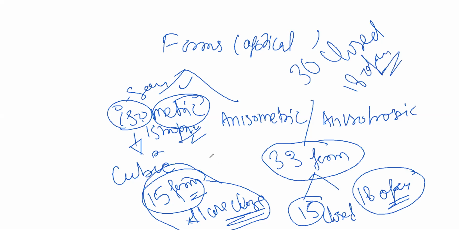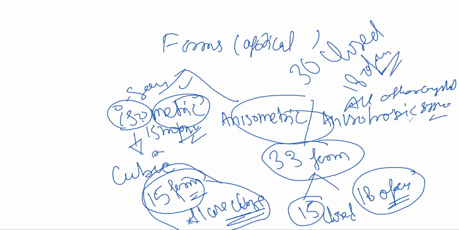All right. So this you have to remember. Among all other crystal systems, starting from tetragonal to trigonal, and the triclinic: if we see the triclinic, all forms are open. Not one form of the triclinic is closed.